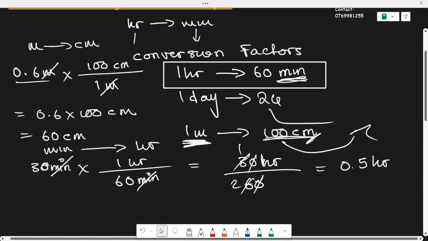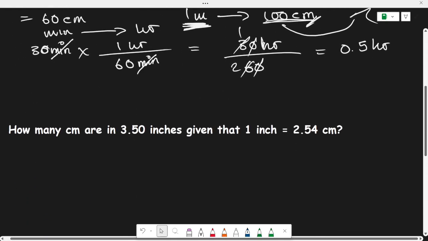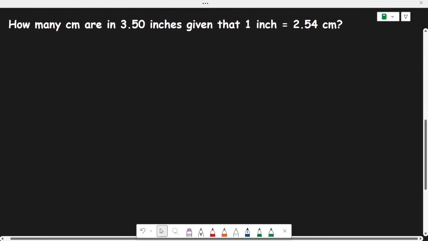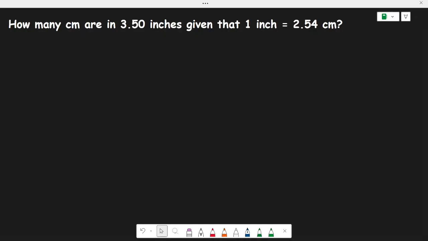So let's try to look at some examples and build on this concept. This is our first example of consideration, where we're saying how many centimeters are in 3.5 inches, given that 1 inch is equal to 2.54 centimeters.